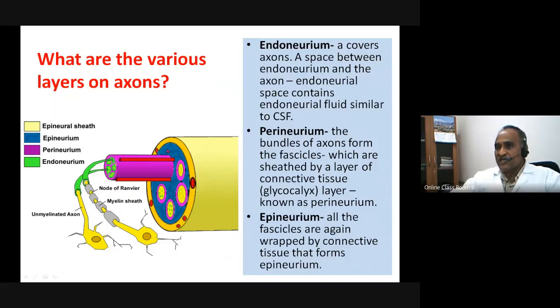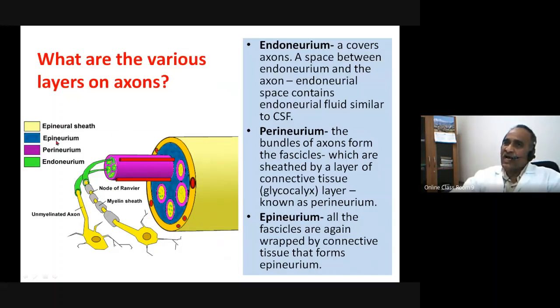Now these fascicles are grouped. You can see one, two, three, four, or five fascicles grouped together and ensheathed in another layer of connective tissue, the epineurium. This is the epineurial sheath, and there is a space in the epineurial sheath, forming yet another layer.